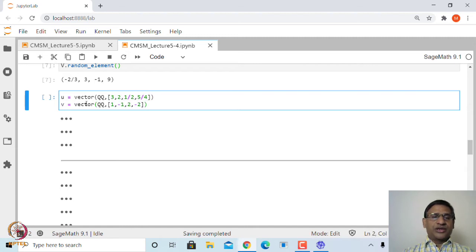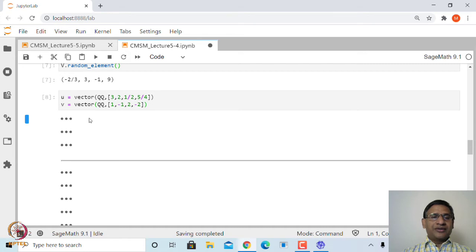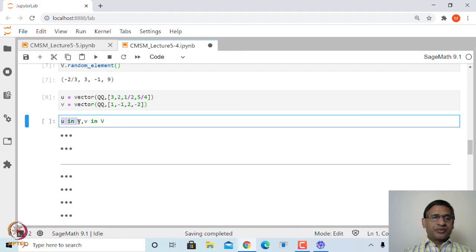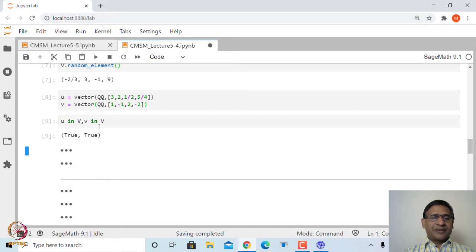So we have defined two vectors over QQ, and we can check whether u and v lie in capital V. You can simply say u in V. If the answer is true, it will give you a True answer, and similarly v in V. So if I say u in V and v in V, both give the answer True. That means u and v are both in Q^4.